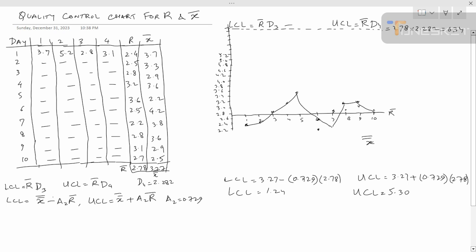And this is how we can spot either of two things or both: a systematic variation in the data, or a special cause variation.